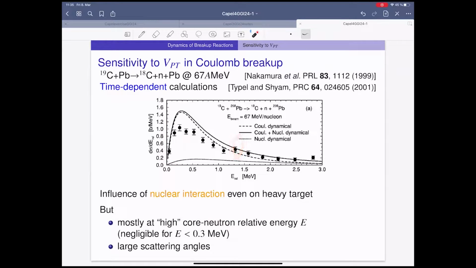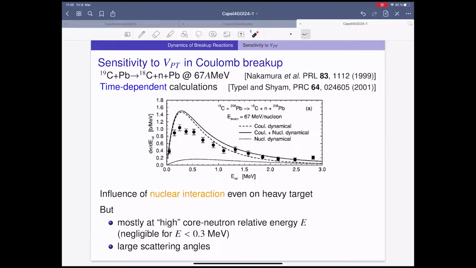But at larger angles, at larger energies, it's more significant. And if you dig a little bit more into the process, you can see that it's mostly at large angles. So when the center of mass of the carbon-18 neutron is deflected at larger angles, the nuclear interaction has a larger effect.